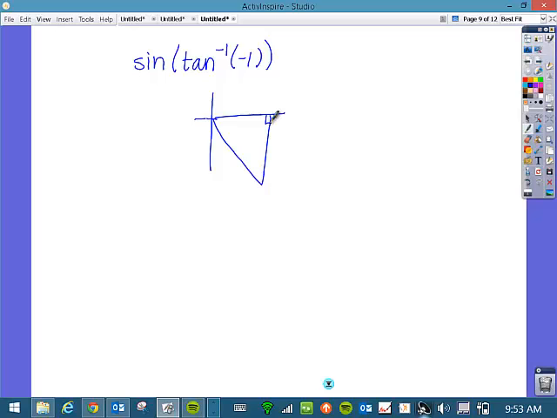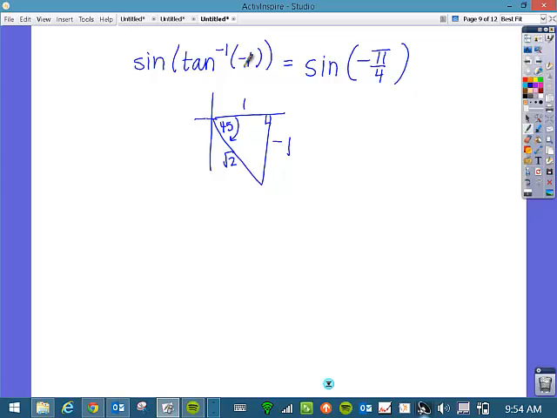Tangent is opposite over adjacent, so this is a 45, 45, 90 triangle, and the hypotenuse is root 2. Our angle is -45 degrees, aka negative pi over 4. So I'm replacing tan inverse of -1 with negative pi over 4.